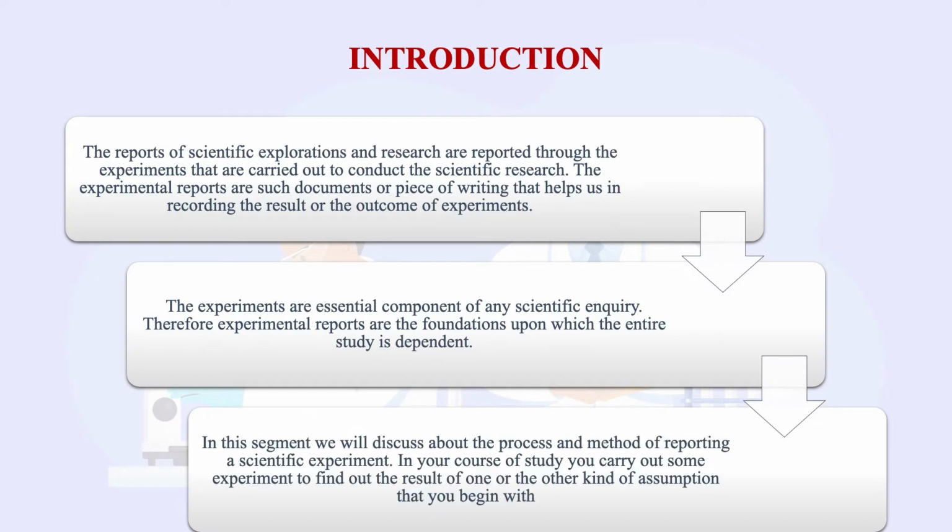In this segment, we will discuss the process and method of reporting a scientific experiment. In the course of your study, you carry out some experiments to find out the result of one or the other kind of assumption that you begin with.